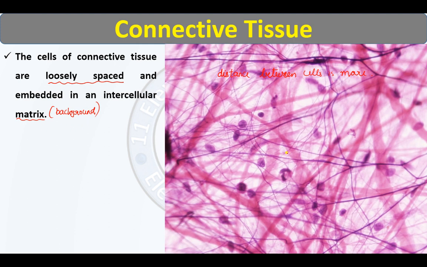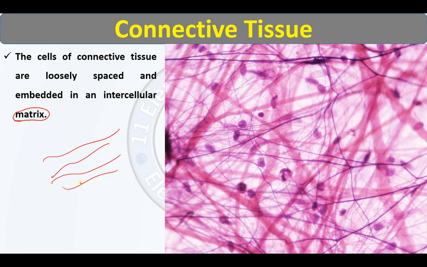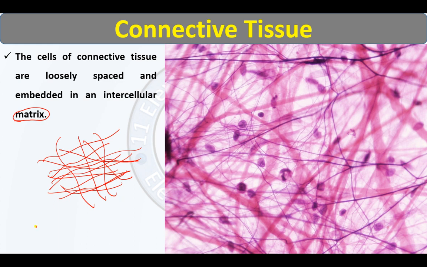Let us move ahead. See, this is the basic structure of a connective tissue. Right, you can see these interwoven lines over here. What do they show? They represent matrix, a background like this. Suppose I will draw over here, just for an example, that this is a matrix. It can be made up of different types of substances. Inside this matrix there will be different kinds of cells which are embedded.